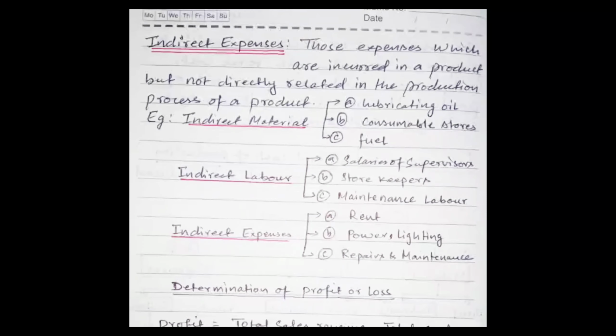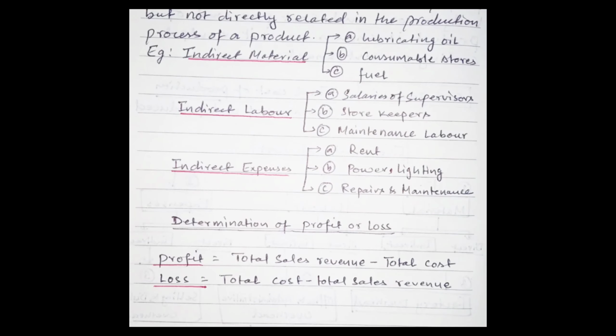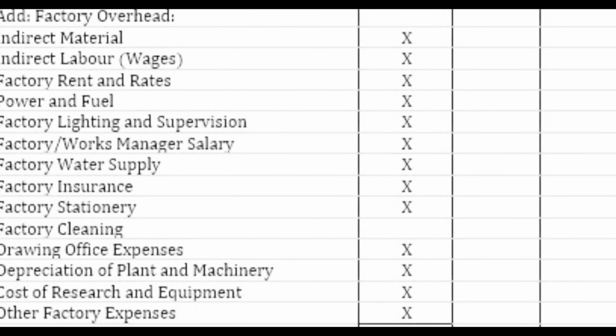These indirect expenses are further divided into three parts in the cost sheet, and it is in this way. So I will present first the expenses of factory overhead. It includes all those expenses which are related to the factory.